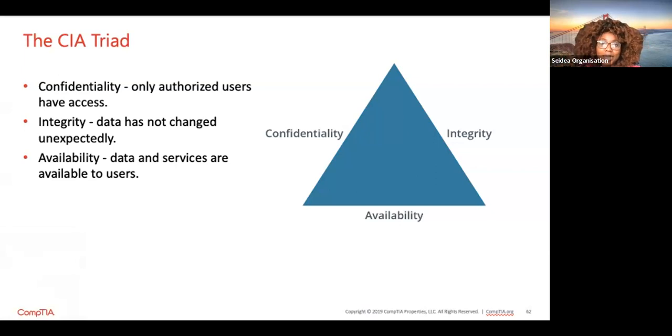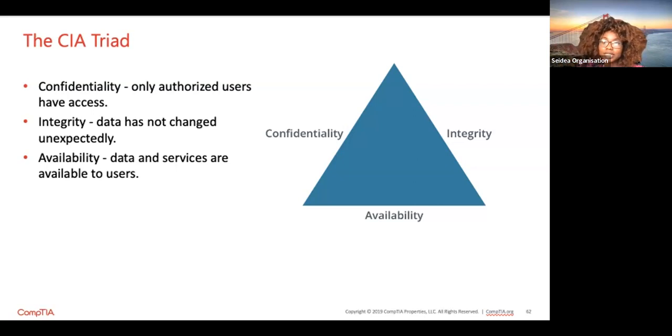Now, when we're looking at the A, which is availability, that deals with ensuring that the data and services are always accessible to those who are authorized to view that data. So that's all about keeping a website online and accessible even during high traffic.